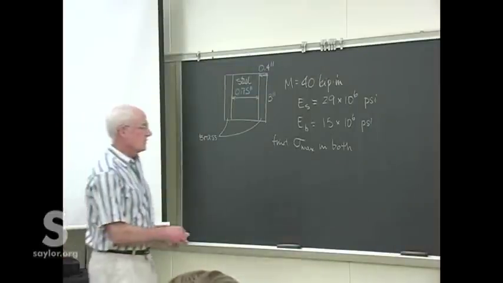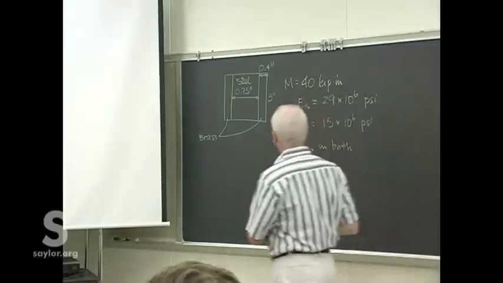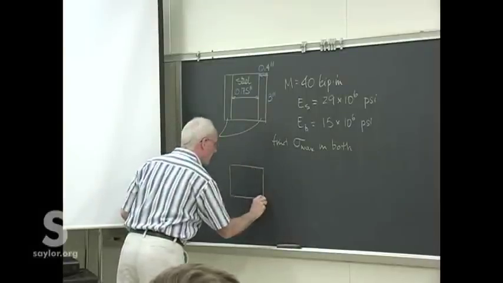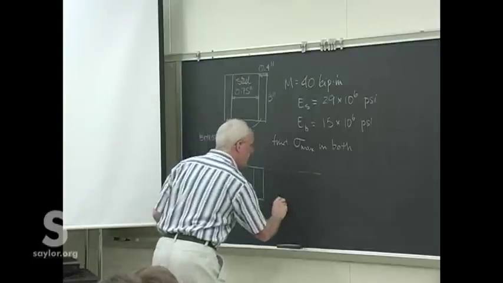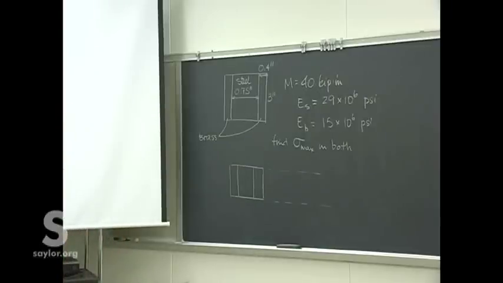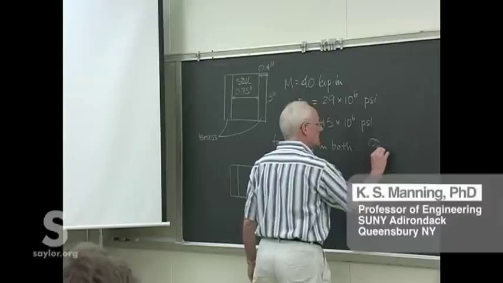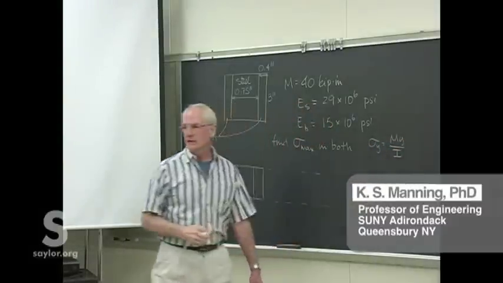So we have to take this one and replace it with an equivalent beam, entirely new cross section. And figure out the moment of inertia from that. We need the moment of inertia to figure out what the stress is.